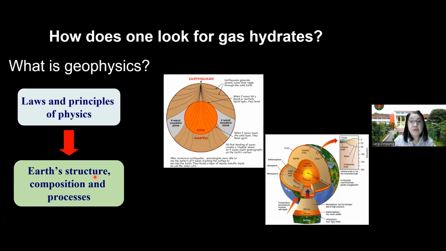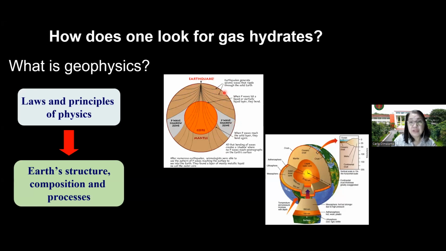And if you will recall, the way that we learned about the layered structure of the interior of the Earth is because of the study of the seismic waves. How seismic waves traveled from one point to the deeper portions of the Earth and how they were detected or recorded by various seismic stations in different parts of the Earth.